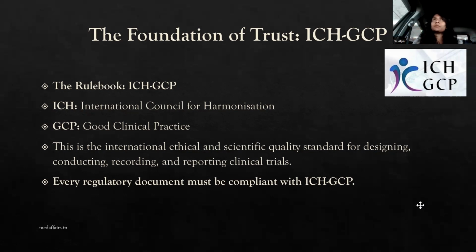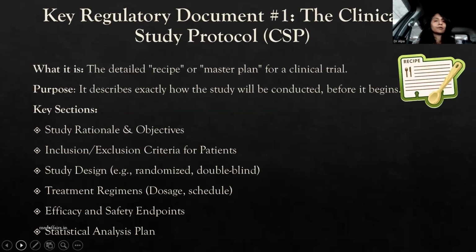The reason is very simple. Drug discoveries are happening all across the globe, and the researchers need to follow a uniform practice of documenting and writing their applications to the government authorities. So everything needs to be compliant with ICH-GCP, everything under regulatory drafting.